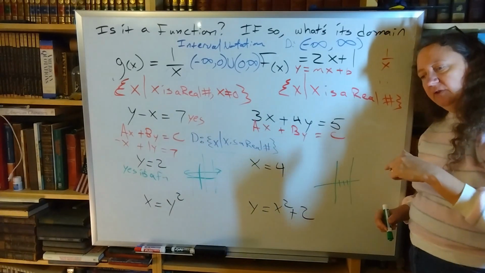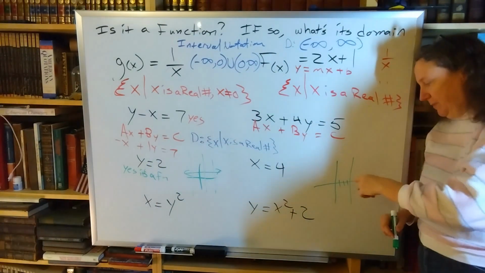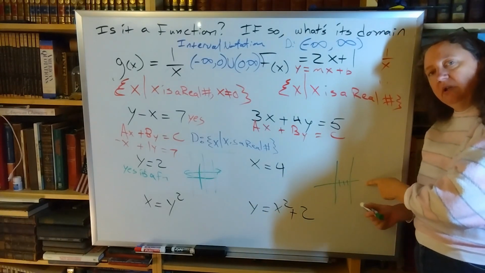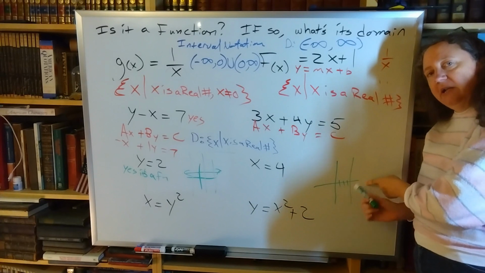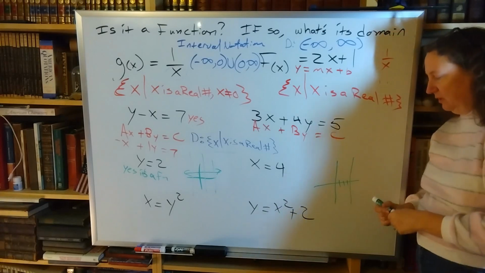Think back to my last lecture earlier in this day, this lecture group, and look to see, is a vertical line something that will pass the vertical line test? No, this one is not a function.